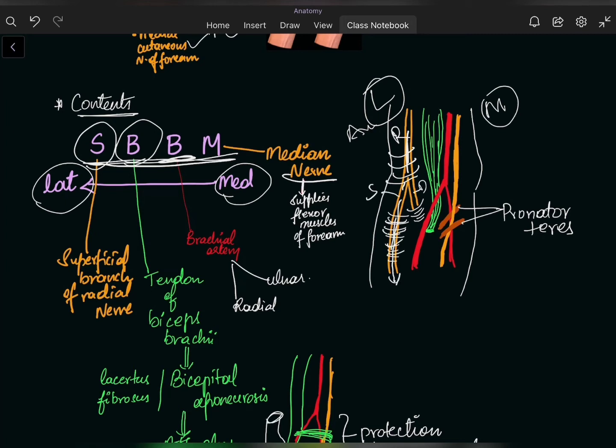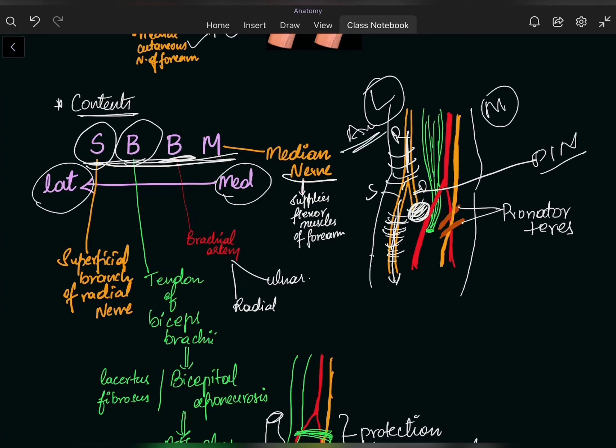The deep branch is also called the posterior interosseous nerve. It passes deep through the supinator muscle, and enters the posterior compartment of the forearm. Sorry, it is not arm. So this is arm.